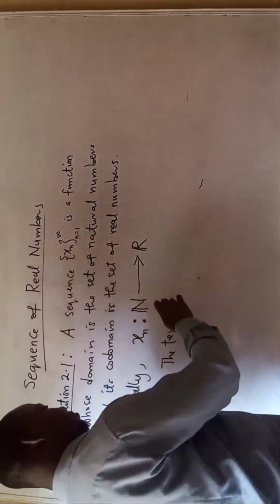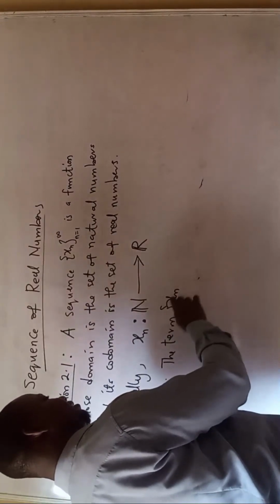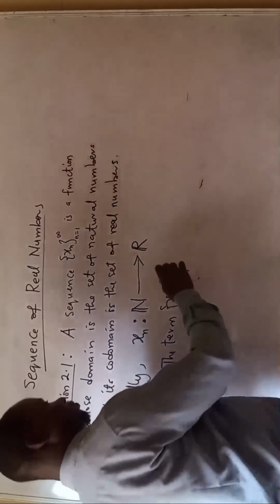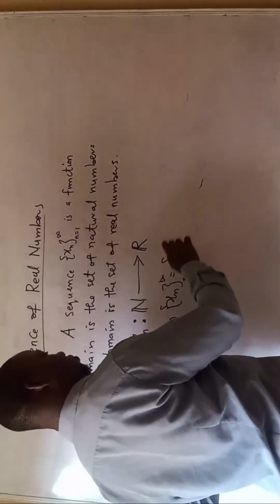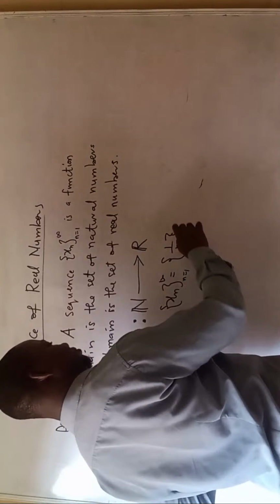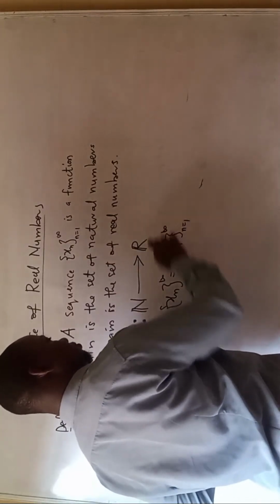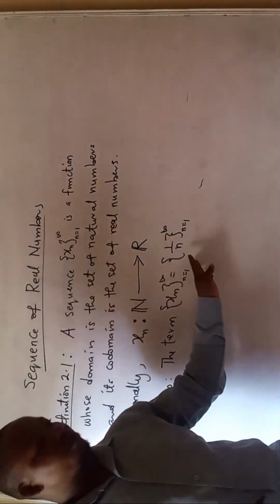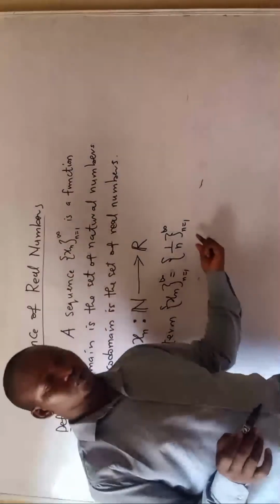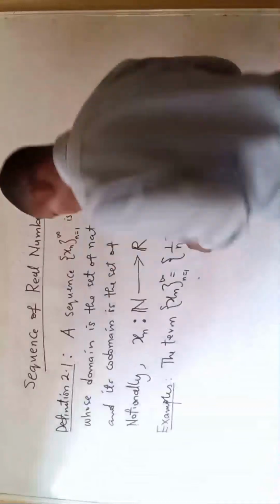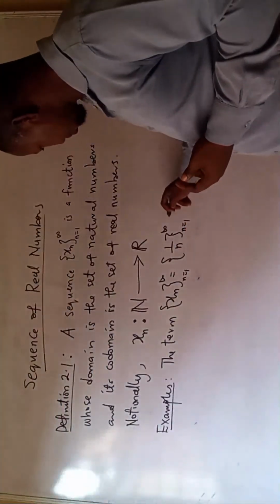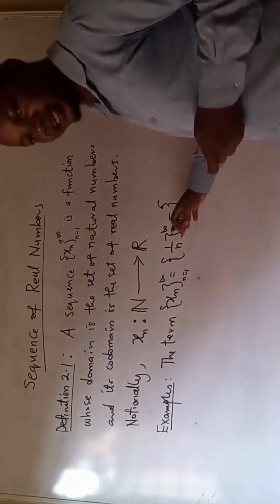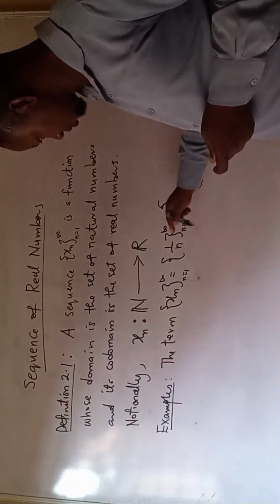The term xn equals 1 over n. For us to see some elements of this sequence, we need to expand it further.